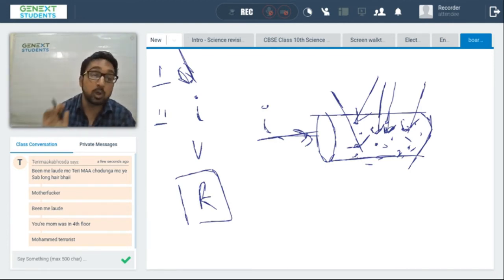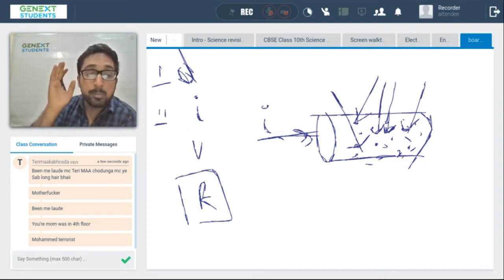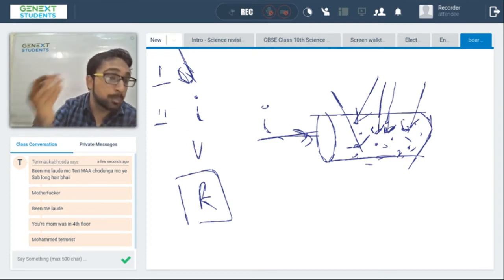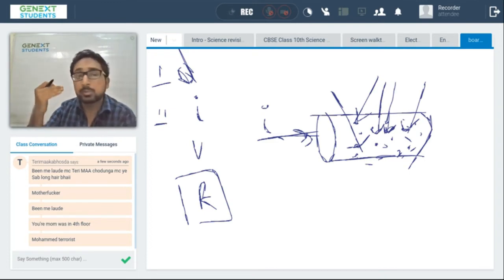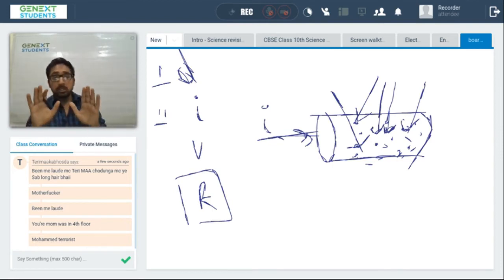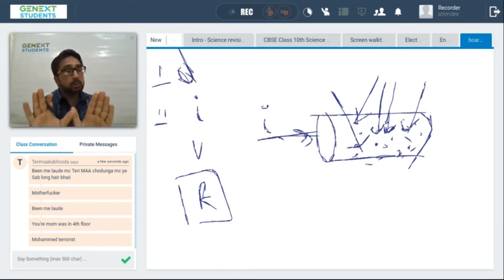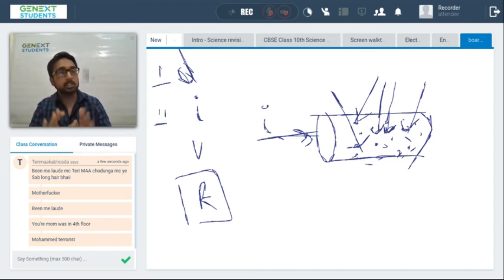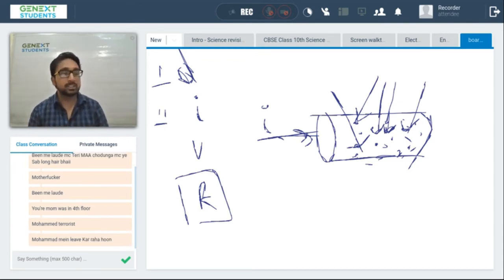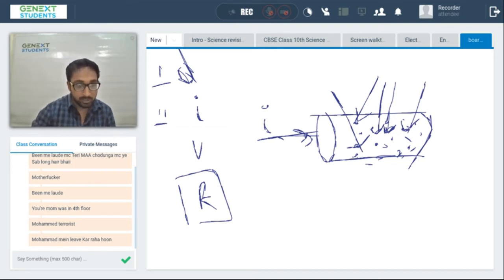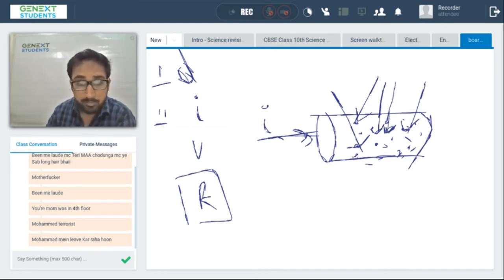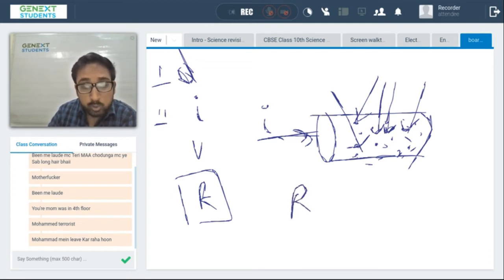So that is known as the resistance of a material, and it depends on the material. There may be many more atoms, many more positrons, and they will give more resistance to the coming electrons or the coming charges. That is known as the resistance.